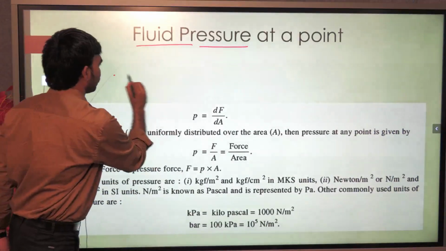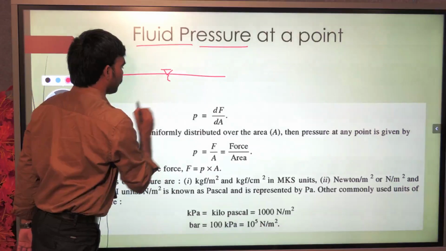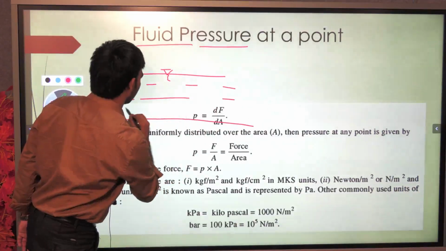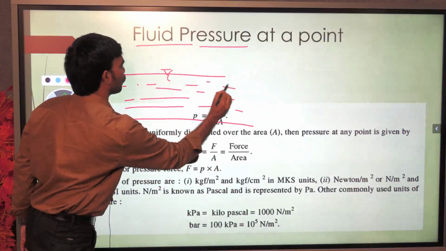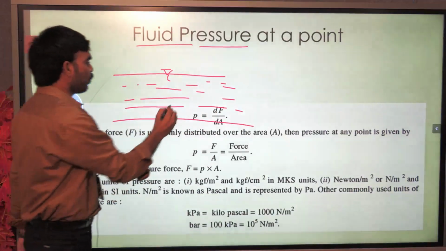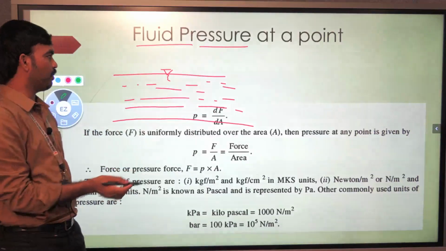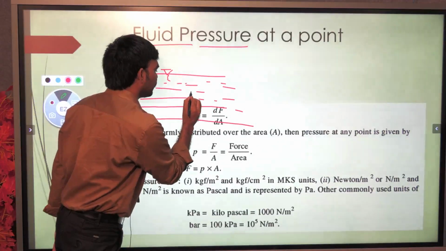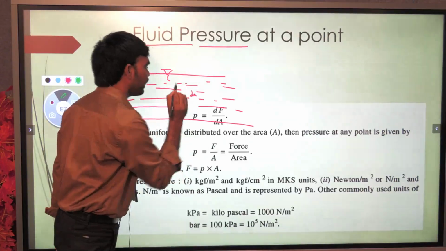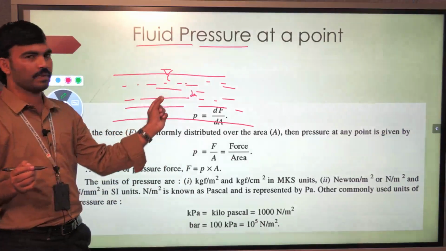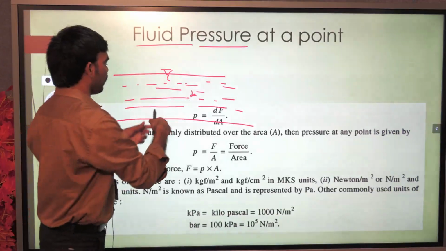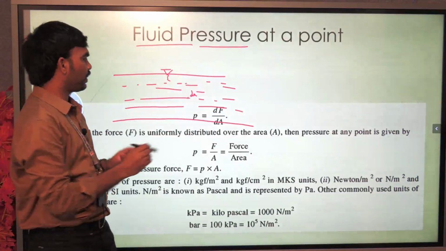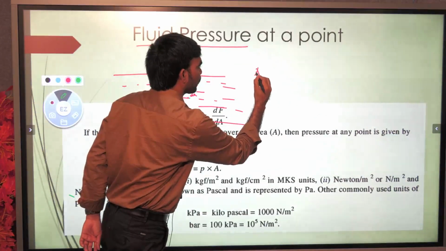Now, for example, this is the free surface of the liquid, water is flowing. So there is a fluid mass, completely a fluid mass. I have considered a small area in the fluid mass, that is dA, a small fluid element at this point in a continuous fluid.